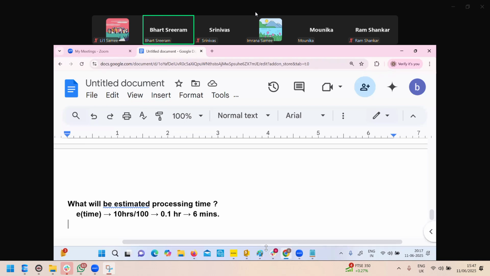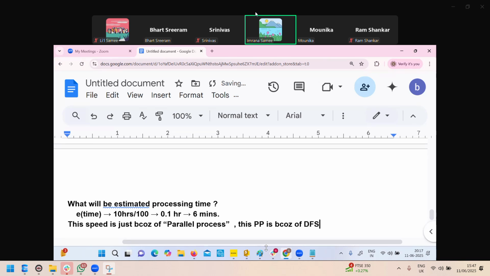So this speed is just because of parallel process. Again, this parallel process is because of what? Hadoop DFS, the distributed file system. Again, this DFS is because of what?